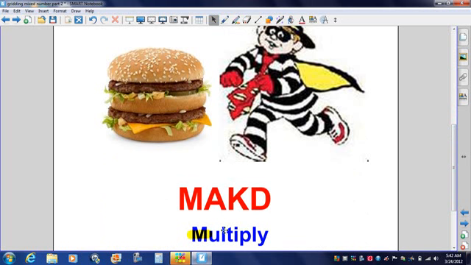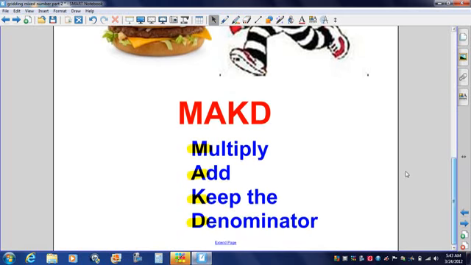Now, I know that this is not the correct spelling of the word macked, but you know what? This is math class, not language arts, so I can spell it any way I want. If the Hamburglar steals your Big Mac, you got macked. M-A-K-D. Multiply, add, keep the denominator.